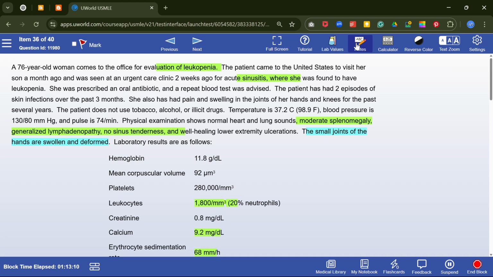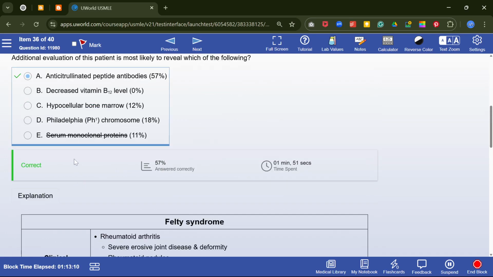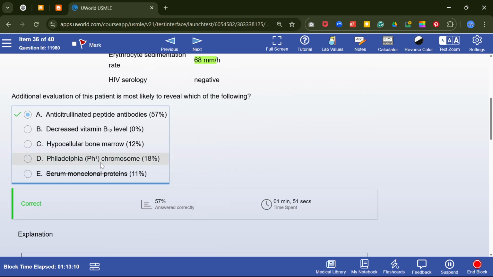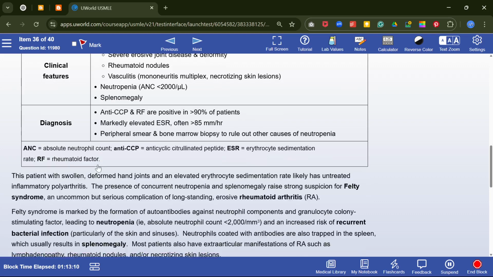RA is a deforming disease, but SLE and others are not deforming diseases. Though her age is more than 75, it is not multiple myeloma because the CRAB features do not match here. Okay, it's Felty syndrome.